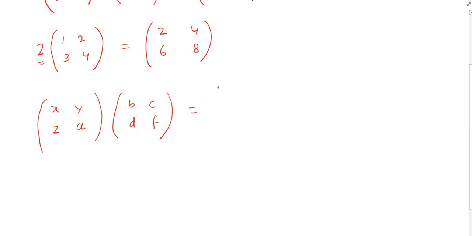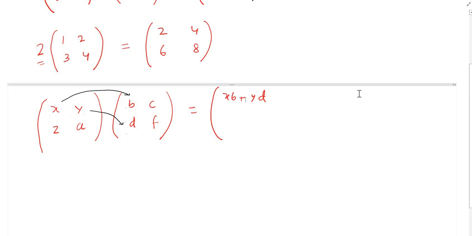It will do like this: xb plus yd. So that will be my first element. So it will multiply basically this value to this value and this value to this value, and then it will add that. So that's my first element.